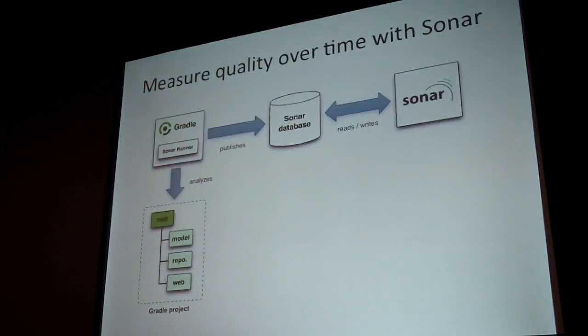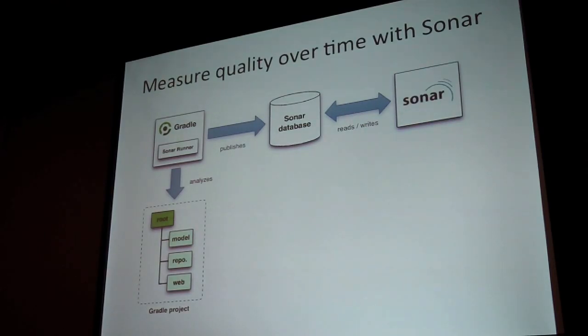So I already talked about tracking code quality over time, and these tools really don't provide that. There's a better solution, I think, and it's called Sonar. Sonar is an open source project which allows you to gather metrics over time and stores them in a Sonar database.